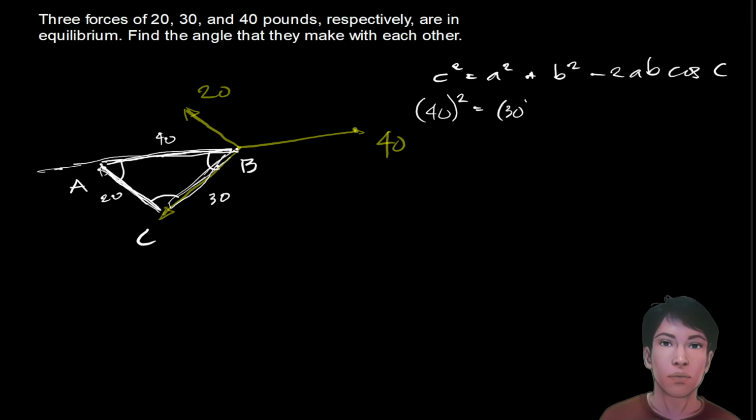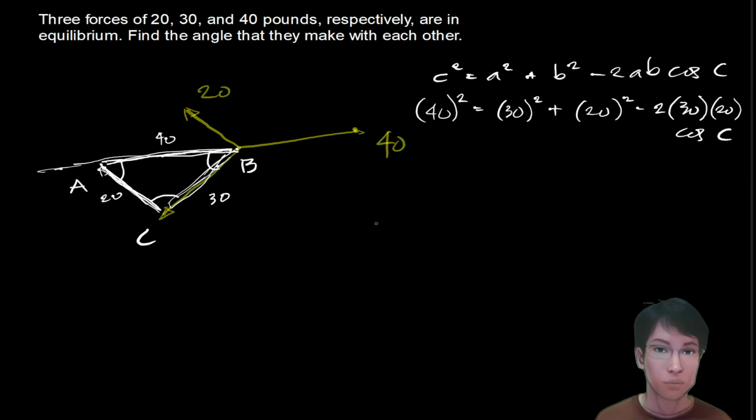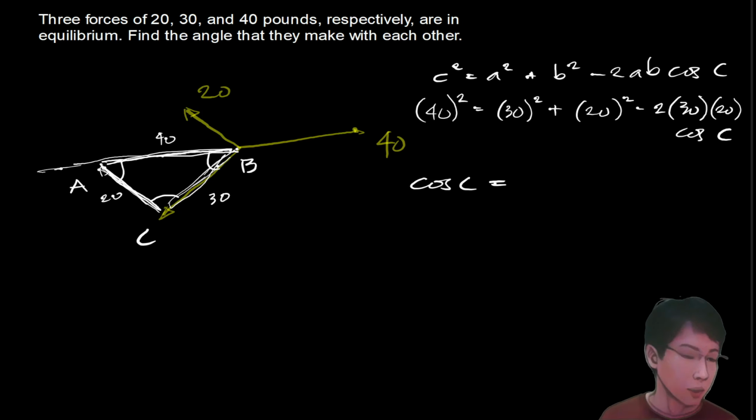So this is 30 squared plus 20 squared minus 2 times 30 times 20, then multiplied by cosine C. And cosine C is negative 0.25.